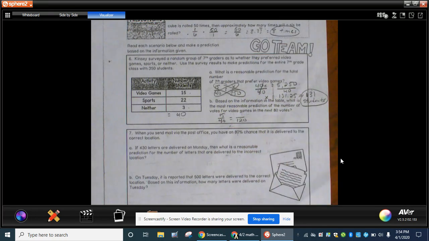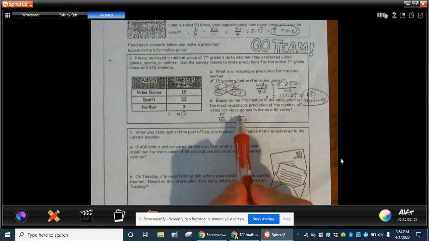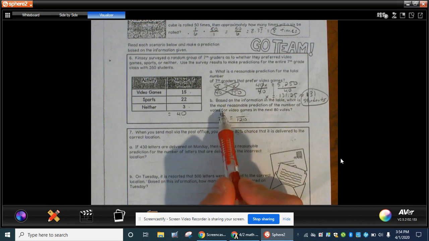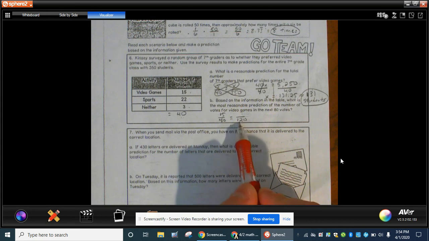Okay, so I have to figure out how many people are likely to prefer video games over sports or even neither, based on this information already in the table, 15 out of 40. Well, I know that 120 is a multiple of 40, and 120 is 3 times the size of 40. So 40 times 3 is 120.